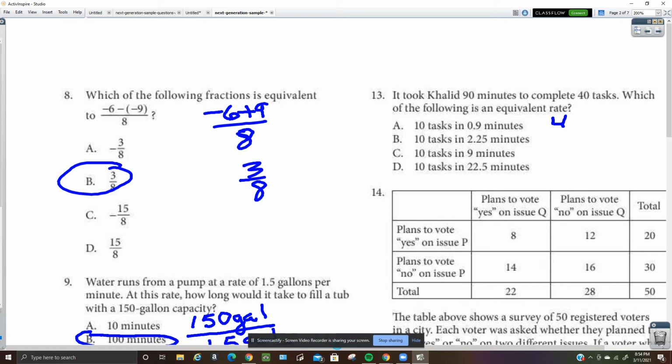So 40 tasks in 90 minutes is the same as 4 tasks for 9 minutes.